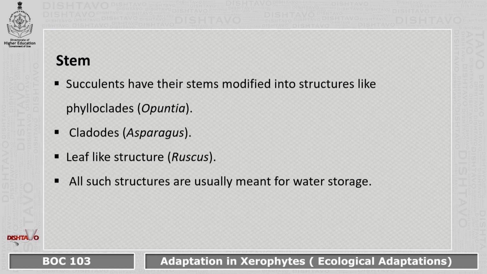In some plants, especially the succulent plants, the stem is modified into structures called the phylloclade, as seen in Opuntia. It may be called a cladode, as in Asparagus, or leaf-like structure, as in Ruscus, and all these adaptations are structures meant for storage of water.